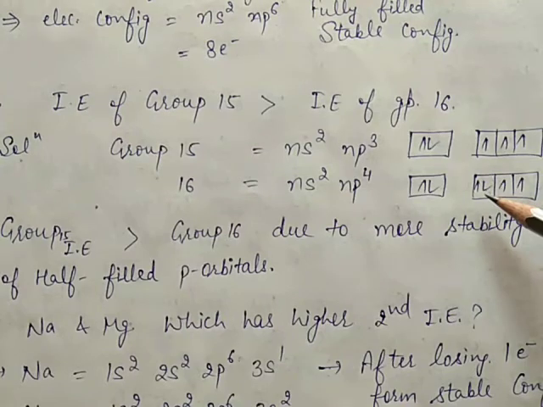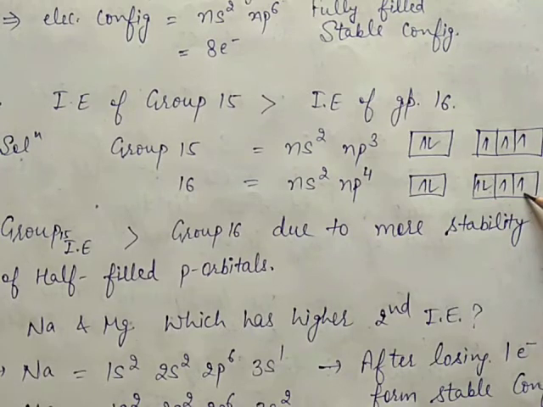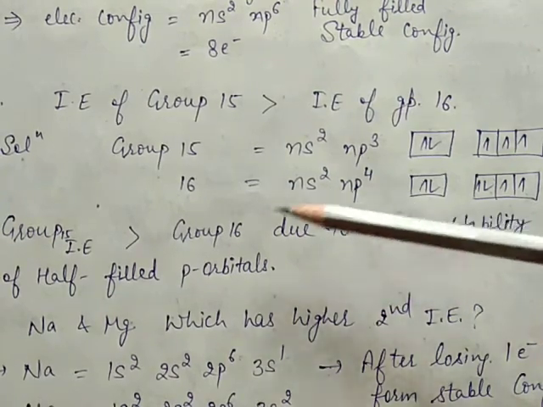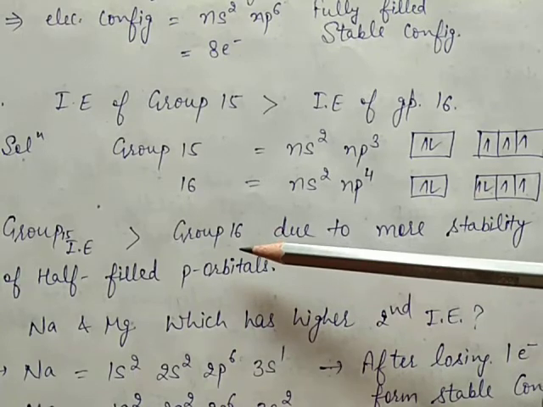This repulsion makes the removal of the 4th electron from the np orbital easier as compared to the 3rd electron. That's why the first ionization enthalpy of a group 15 element is higher than that of a group 16 element.